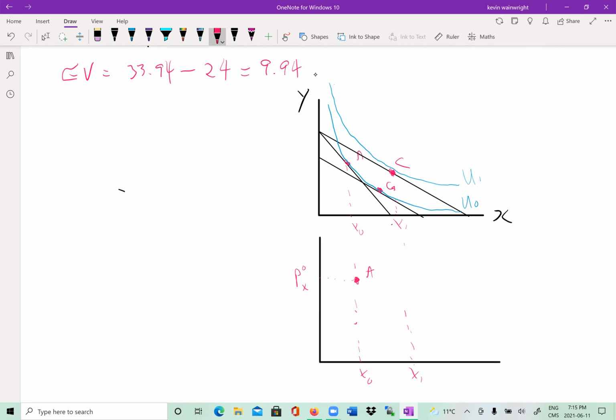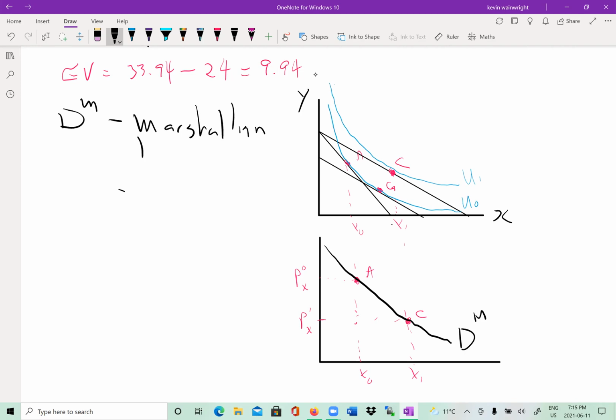And since the price is lower, I'm at PX1. I am at point C. So points A and C represent 2 points on the ordinary Marshallian demand curve. So we call that the Marshallian demand.